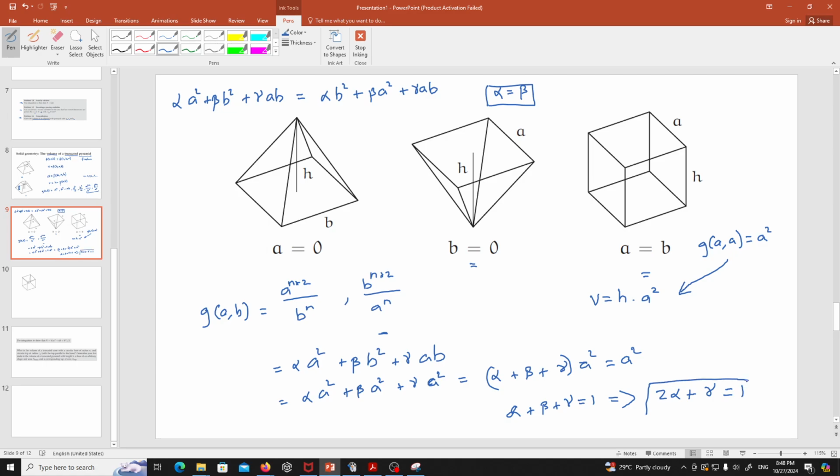All I'm doing is some intuition, and then deriving the equation. So we are not there yet. All we need to do is identify what is alpha and what is gamma, then we have the solution.